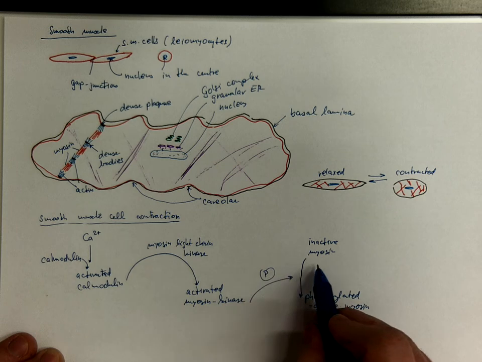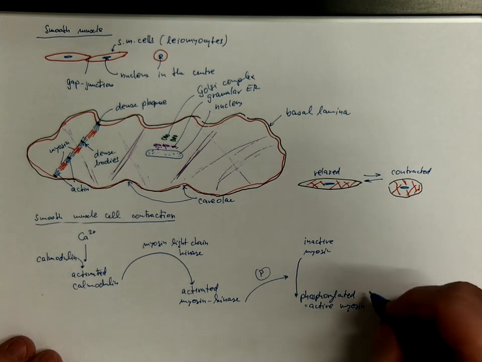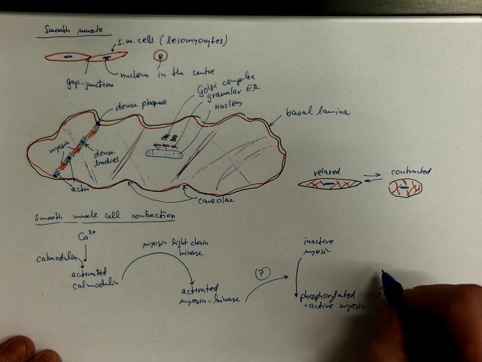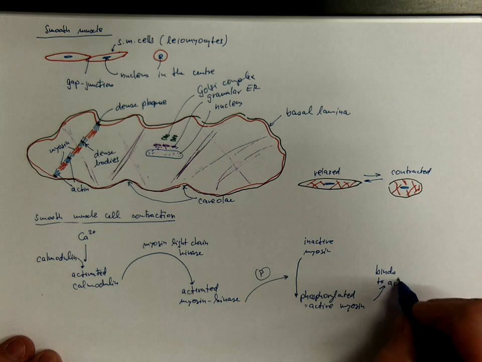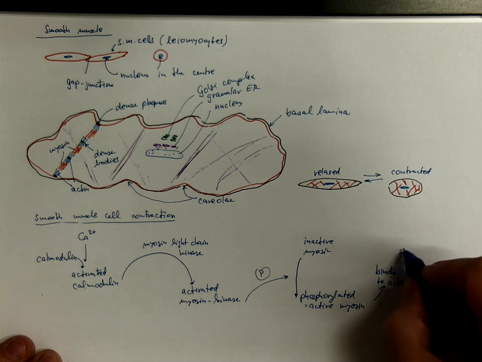So the kinase phosphorylates the myosin, and this active myosin is able to bind to actin. So we got the contraction.